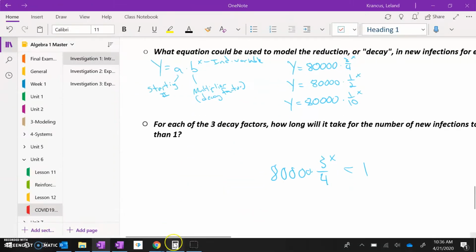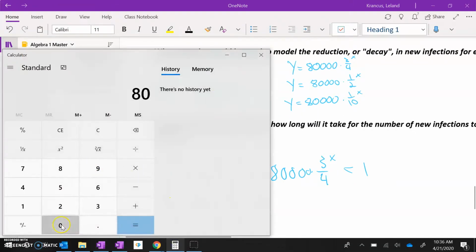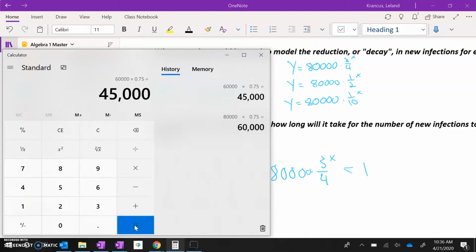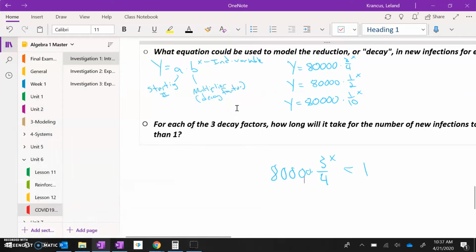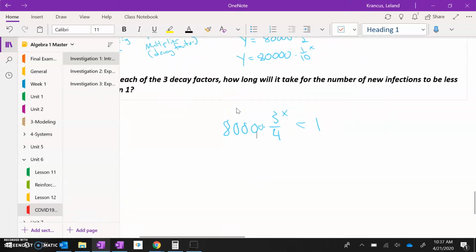So you'll have to get out your calculator, times 0.75, and you can just count how many times you hit the equal sign. See how long it takes for you to get to less than 1. And you'll do that same thing with 80,000 times 1/2 to the power of x and 80,000 times 1/10 to the power of x. Just keep doing that on your calculator until it becomes less than 1, and that's when the infections would be totally gone.